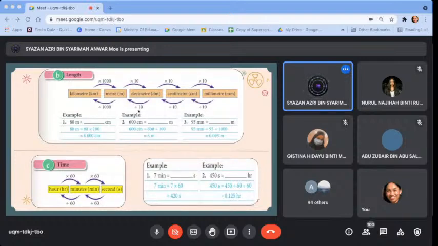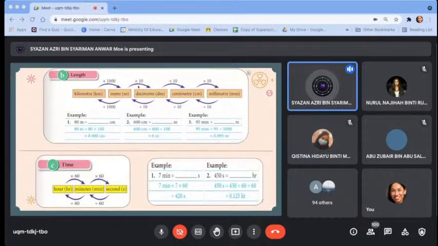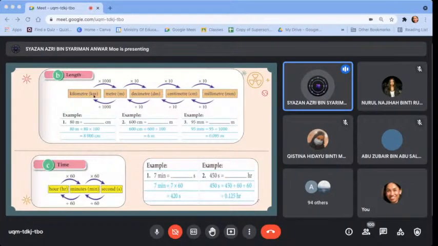As we can see here, if we want to convert meter into decimeter or decimeter into centimeter, we need to multiply by 10. The only difference is when we want to convert kilometer into meter, so we need to times 1000 or divide by 1000. The rest is the same.